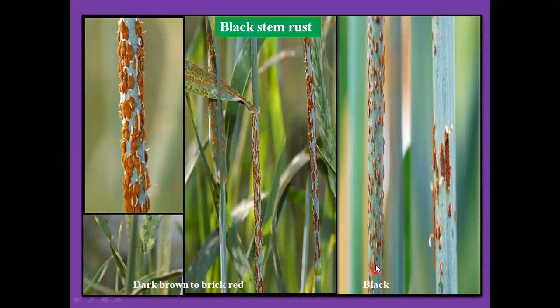On these infected wheat plants, several lesions develop on the stem portion, so the plants may lodge because the infected stem becomes weakened. This is the type of symptoms seen in black stem rust.